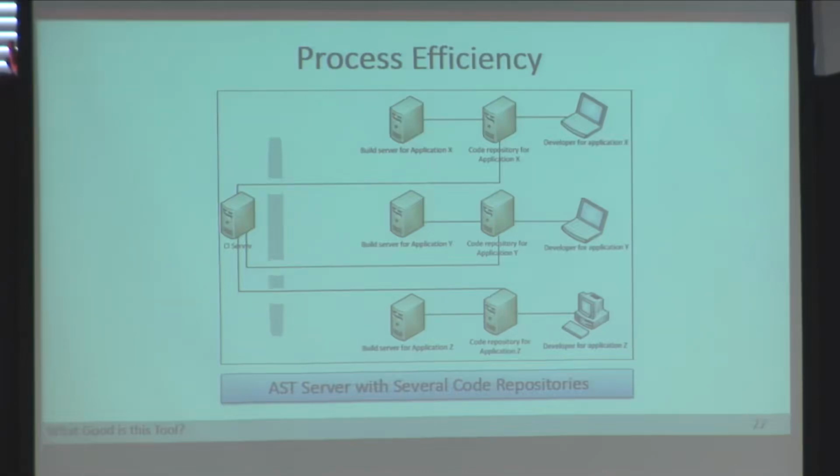So what we did was we set up a CI server, a Jenkins server, for the security team. And then we said, we need to get access to all of your developer source code repositories. And that was a big undertaking. That's not easy in a large organization, especially if they're using lots of different technologies and permission systems and things like that. But we did it. It took a while, but we did it.